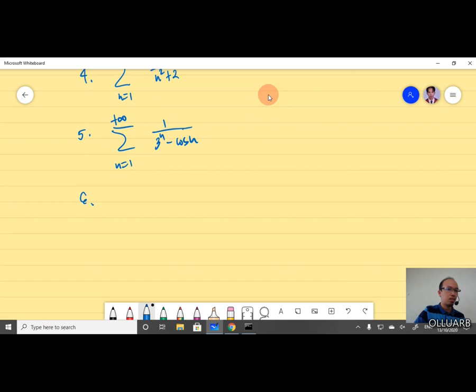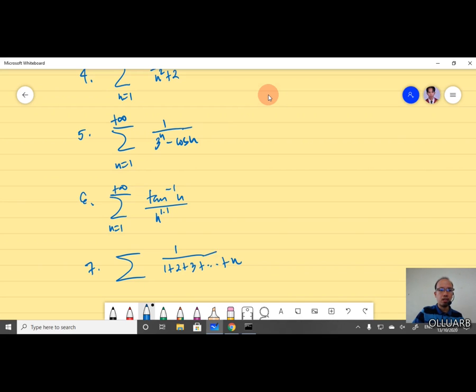Number 6, summation of tangent inverse of n over n to the 1.1, where n starts from 1 to positive infinity. And the last problem, 1 plus 2 plus 3 up to n, where n starts from 1 to positive infinity.